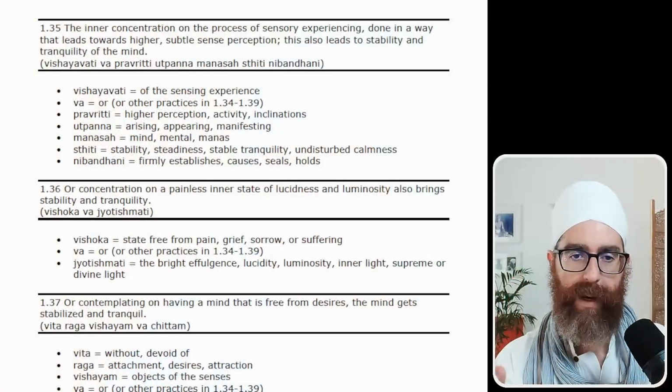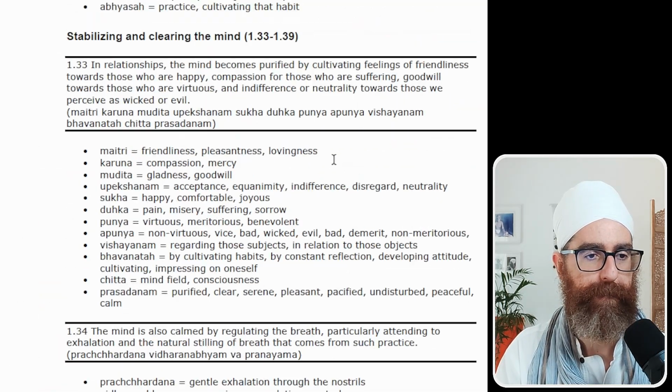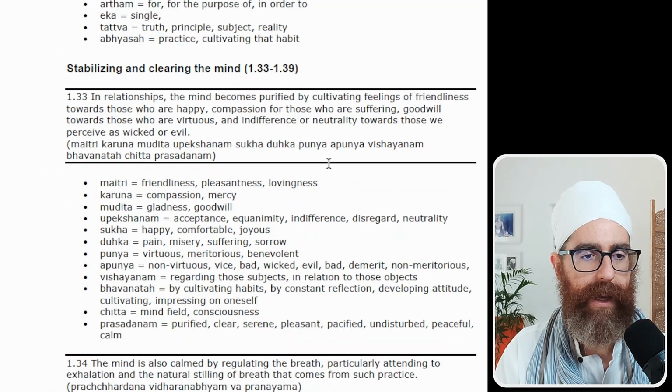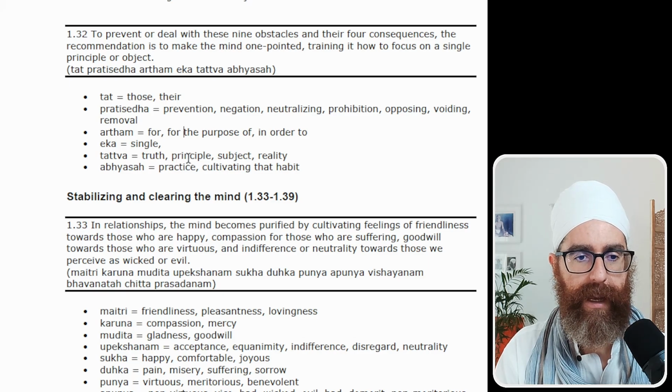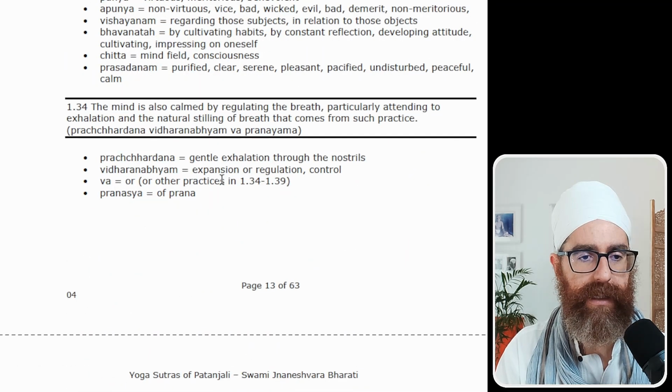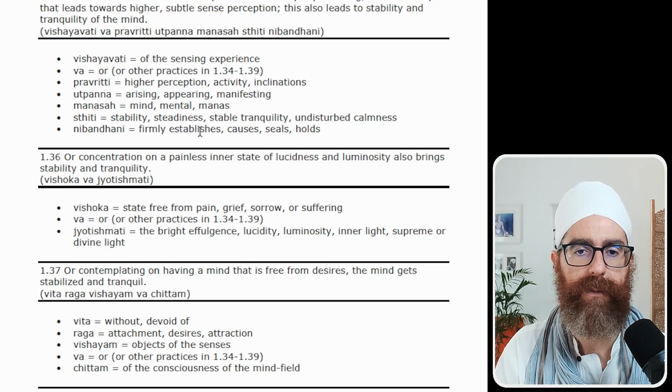So you should immediately be able to connect this to the other, 1.30, was it 3? No, 2. When he was talking about the tattva, yes? So remember, tattvas and the elements are connected to the senses. So now he's telling us the inner concentration on the process of sensory experiencing.